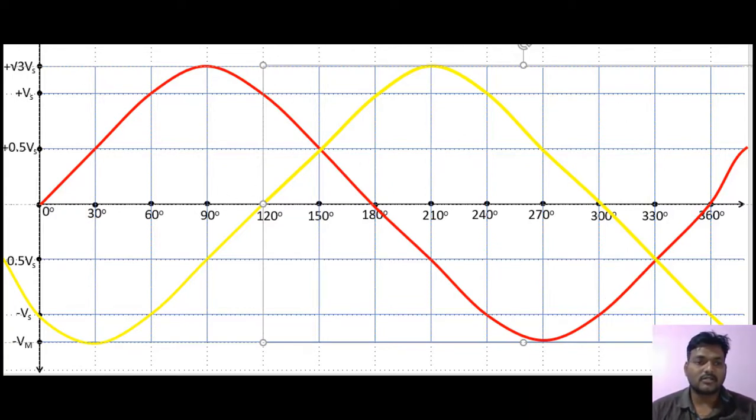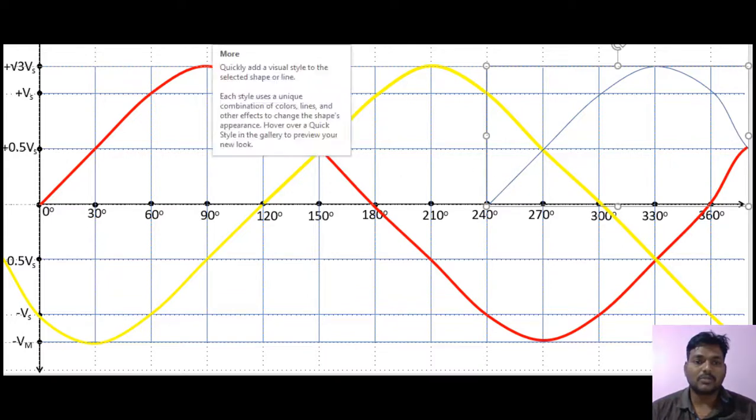Similarly, let us take the third phase, that is B phase. Vb is equal to Vm sin omega t minus 240. So let us start from 240. So try to join the diagonal here, the opposite diagonal here also. Try to join the diagonal here, then here, and finally I'm ending it. Here the curves are not coming properly because I'm drawing using a mouse.